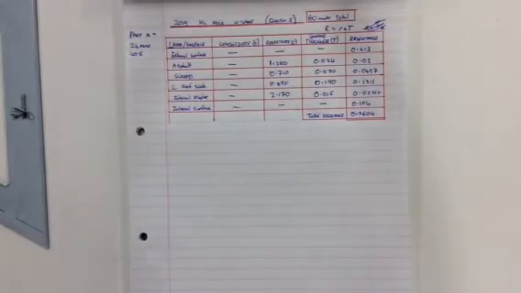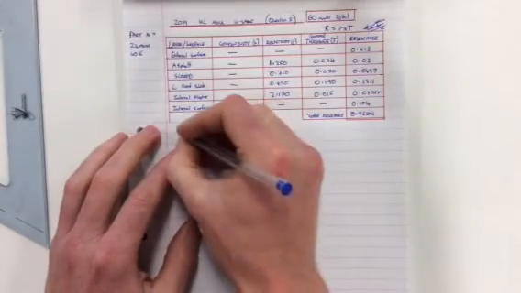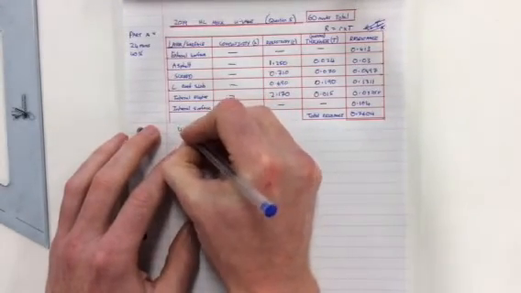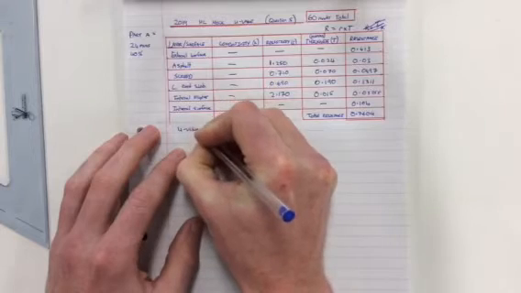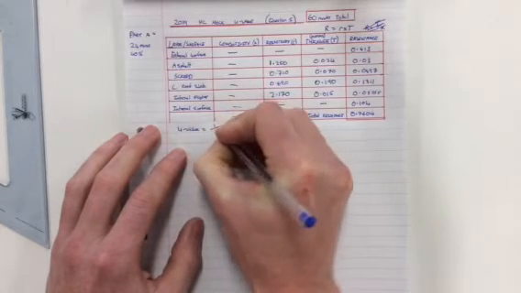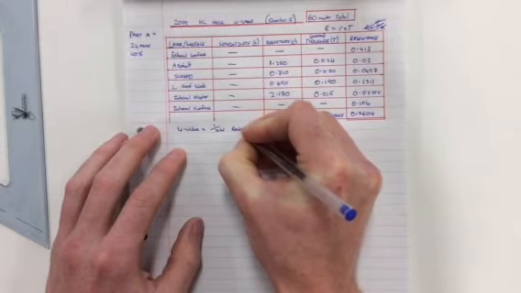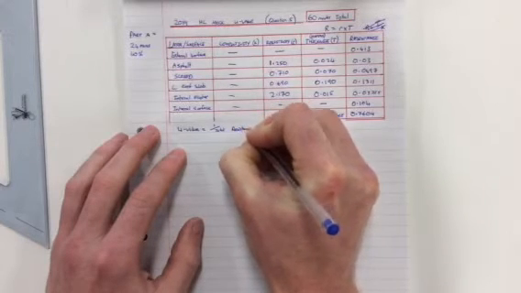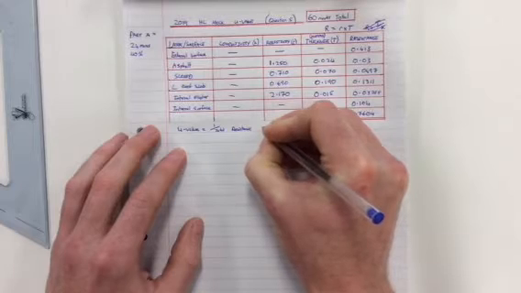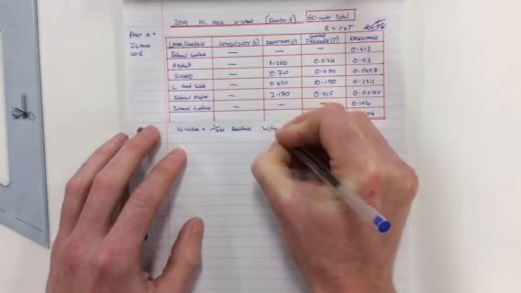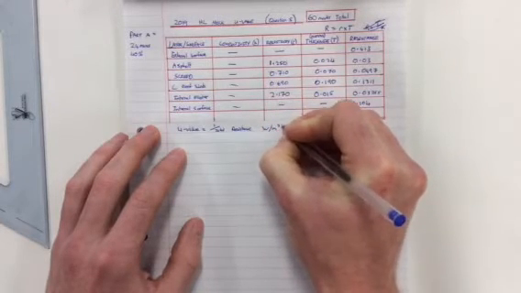All right, so then we need to find the U value. Okay, so our U value equals 1 over total resistance. And your unit is watt per meter squared Kelvin.